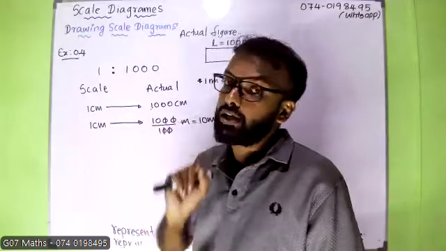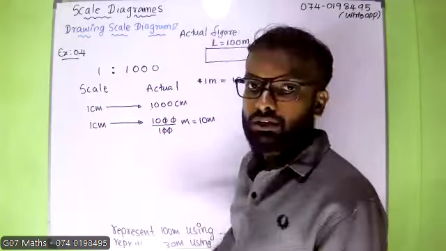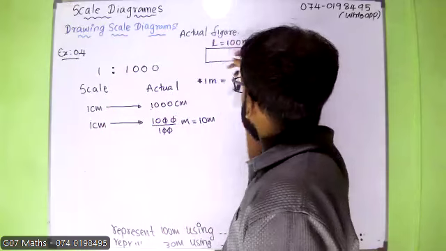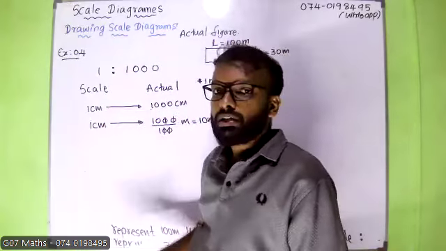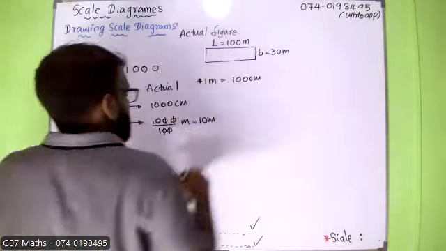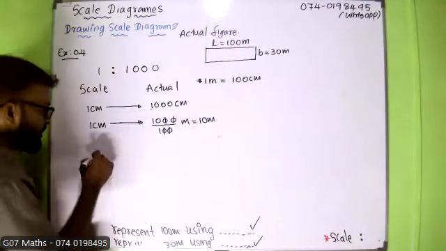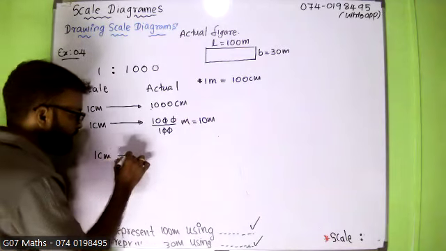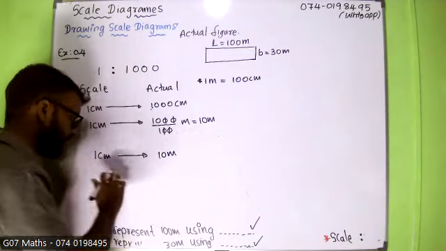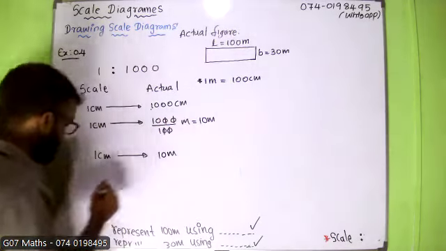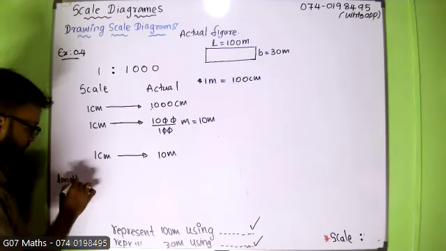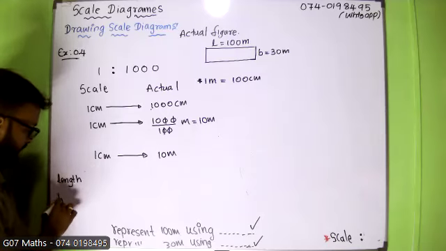Now I can calculate the length and the breadth. These are the actual lengths. I can calculate the scale length. So I will write 1 centimeter, 10 meters. This is my scale length, and this is my breadth.